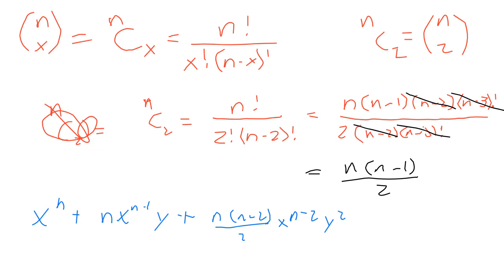And it's going to keep going in that order, where the power for the x is getting smaller and the power for the y is increasing. I'm using this NCX to figure out the coefficients of the terms that occur in that expansion, down to y to the n, of course. Anyway, bear that in mind. We're going to use it now. So we're now going to prove the power rule.